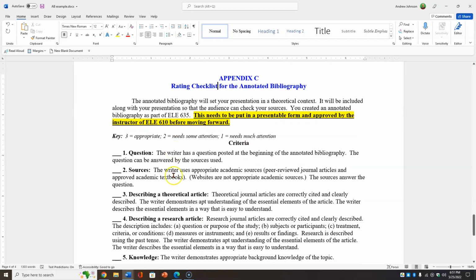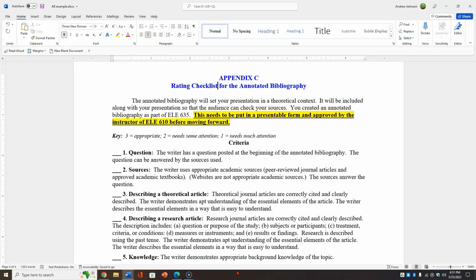All right. So pose the question at the beginning of your AB. Make sure the question can be answered by the sources. Appropriate peer-reviewed journal articles and an approved academic textbook. When in doubt, ask me. All right. Websites are not appropriate academic sources.